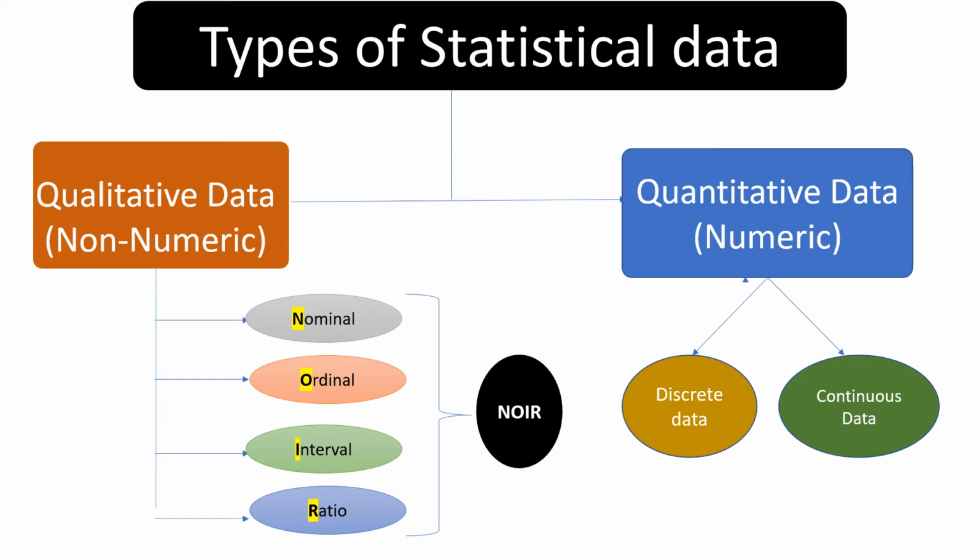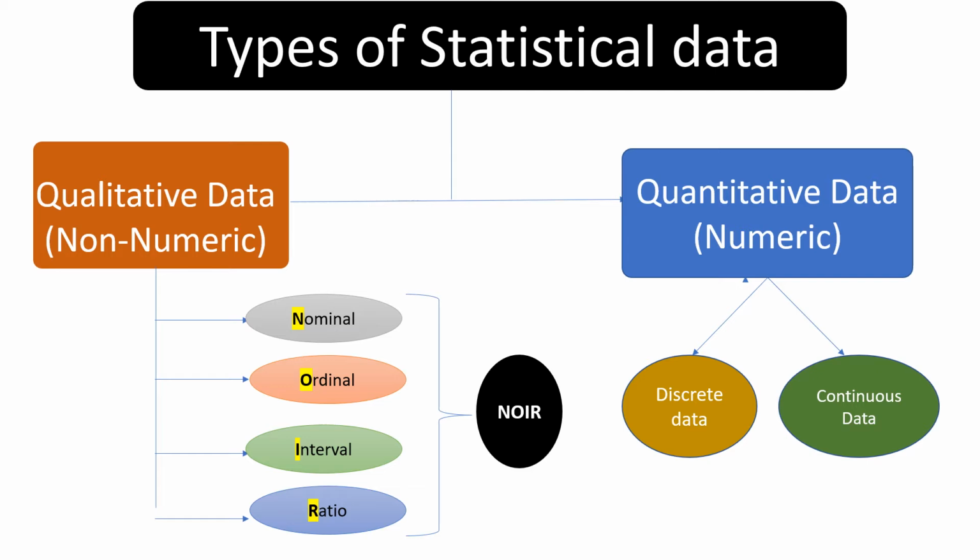And these are four. For every qualitative data, we can measure it nominally, that is nominal data. Ordinally, that is ordinal data. Intervally, that is interval data. And ratio wise, that is using ratio concept to measure such a data. It's nominal when it is well defined, it has a nomenclature.